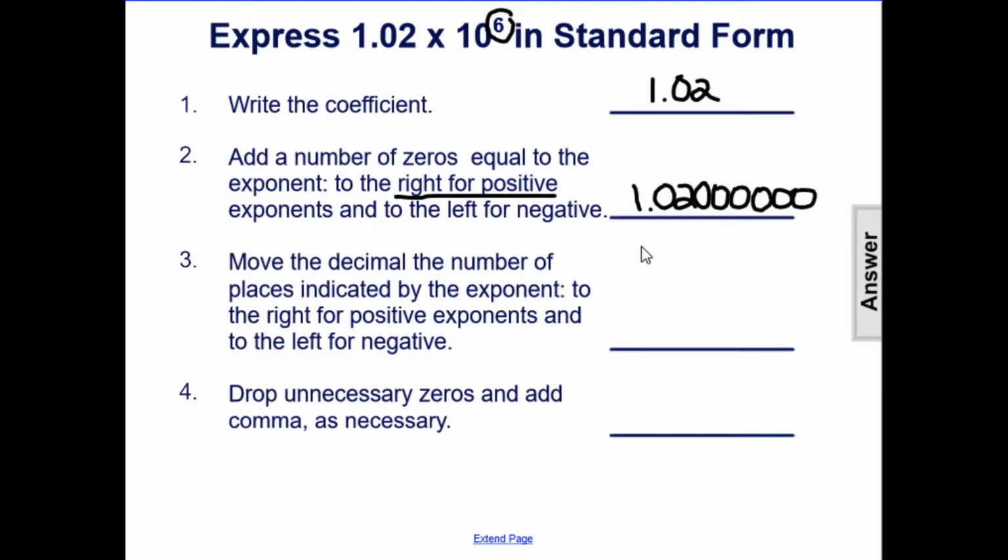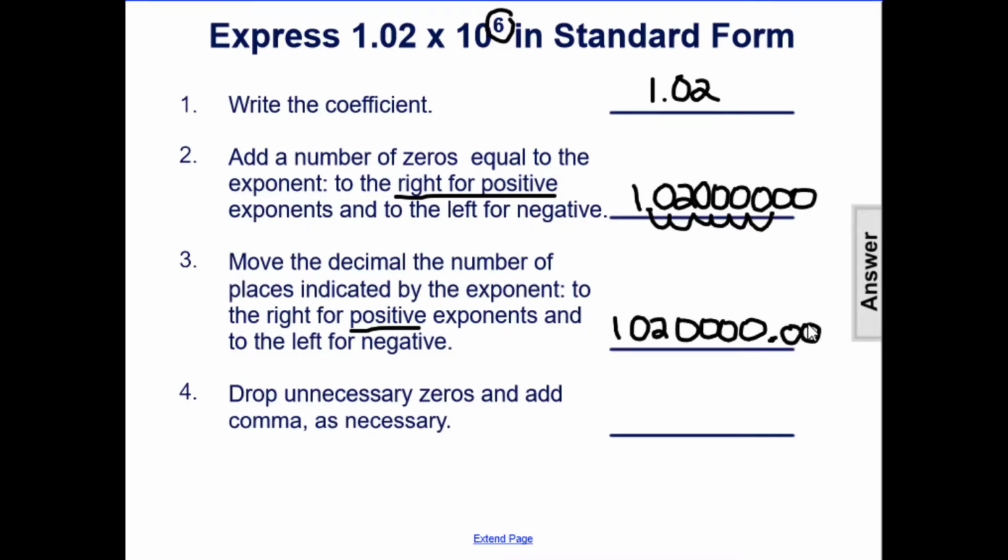I'm then going to move the decimal places indicated by that exponent again to the right because it's positive. So we're going to move it 6 places to the right. 1, 2, 3, 4, 5, 6. So it'll be 1, 0, 2, 0, 0, 0, 0, 0.00.